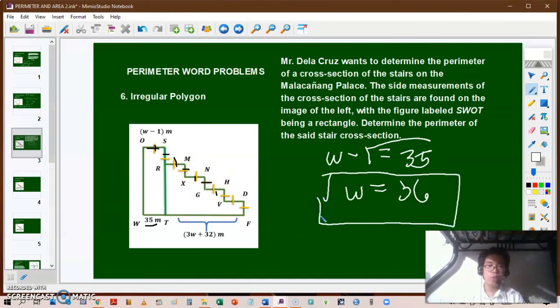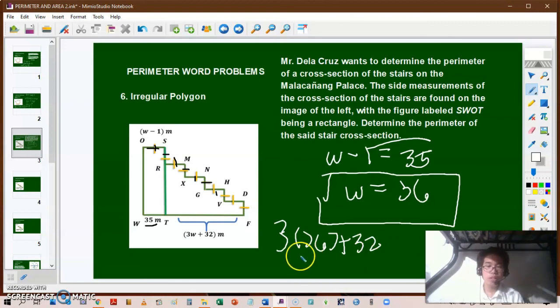So why is this important? Because that's the value that we're going to substitute to solve for the value of 3W plus 32. So that's going to be 3 times 36 plus 32. 3 times 36 is 108 plus 32, that's going to be 140.